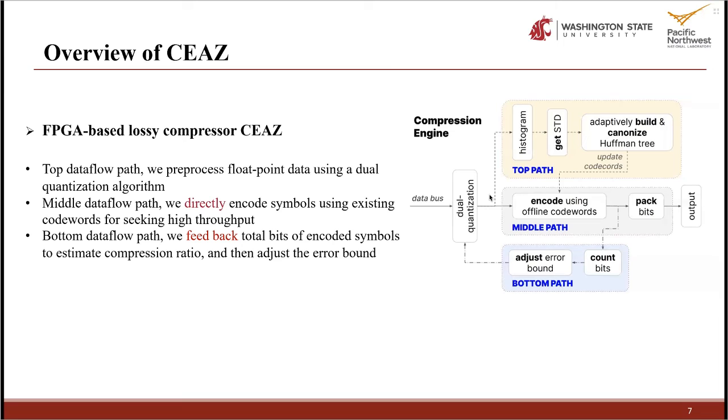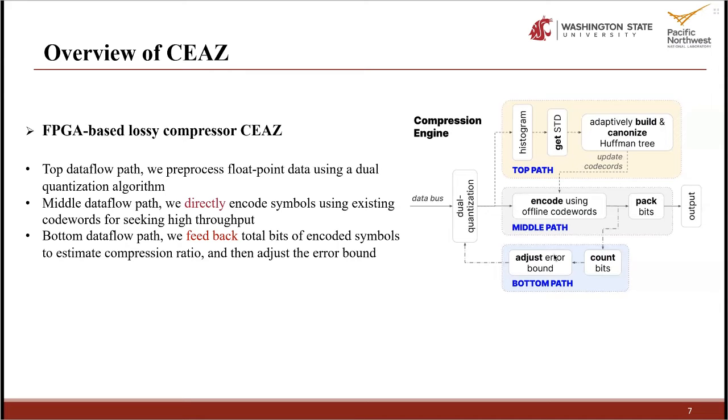Next, I will talk about the overview of CEAZ. It has three main data flow paths. On the top data flow path, we pre-process the floating point data using the quantization algorithm and generate symbols. We will calculate the standard deviation of the frequency of symbols. According to the standard deviation value, we will decide whether to build a new Huffman tree or not.